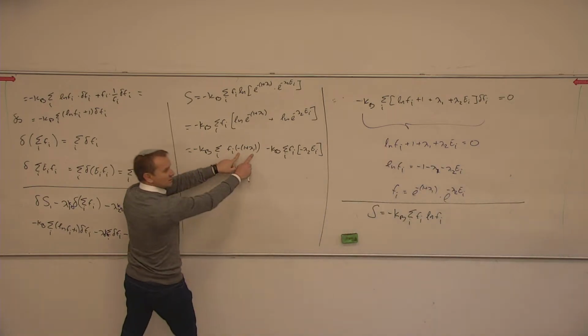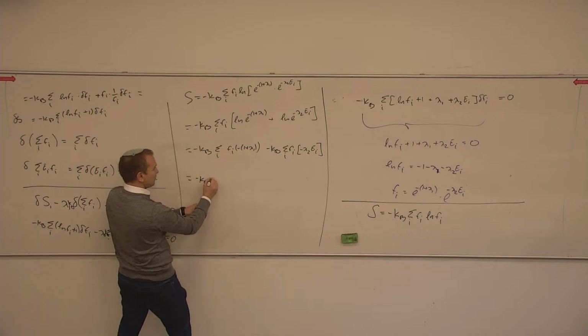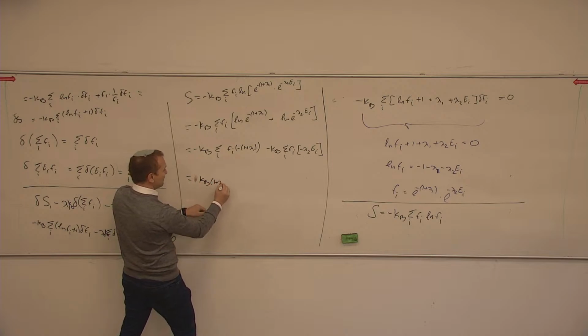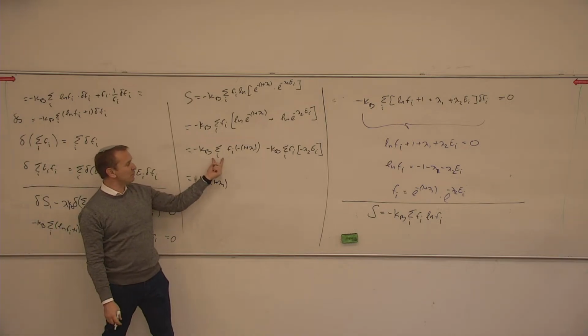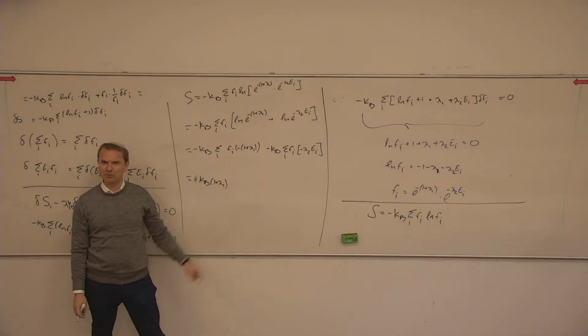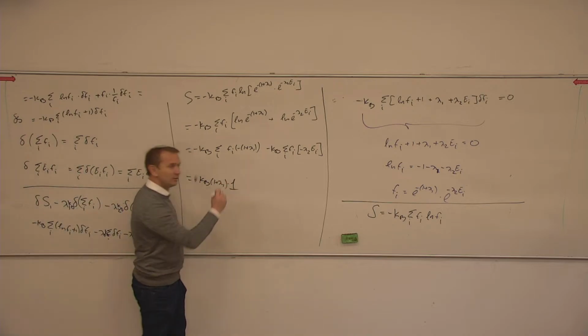Those guys are constants, so I can take them out of the summation. So it's going to be plus k Boltzmann (1 plus lambda 1), because it's a constant, and here I'm left with the sum over i of f_i. What is the sum over i of f_i? 1. So we have multiplied by 1.